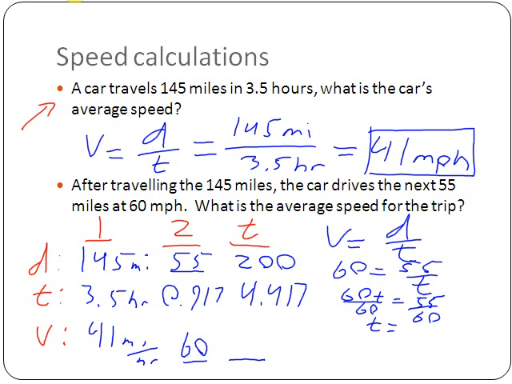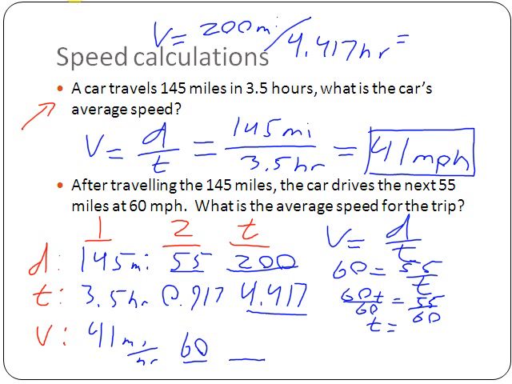Well, now we know the total distance that they go, the total time they go, and using those two things, we can find the average speed. Because speed is equal to distance over time, the speed is equal to distance, 200 miles, divided by the total time, 4.41666 hours.